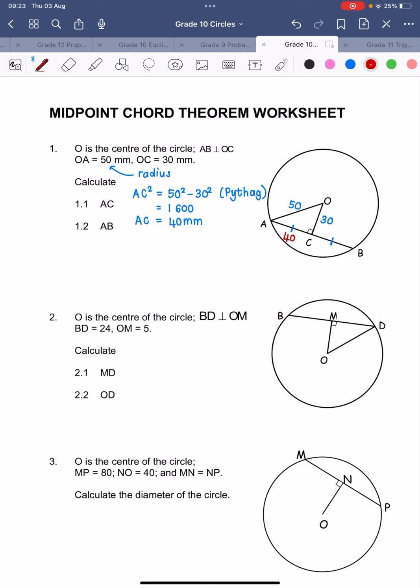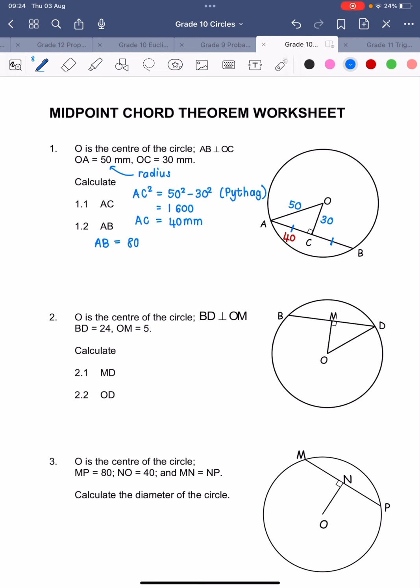Now we need to calculate the length of AB. Now guys, we have AC is 40, and in the beginning we've already filled in that these two parts are equal to each other. So that one is 40, that one is also going to be 40 as well. So what is the length of AB going to be? Remember, AB is now the whole chord, 80.